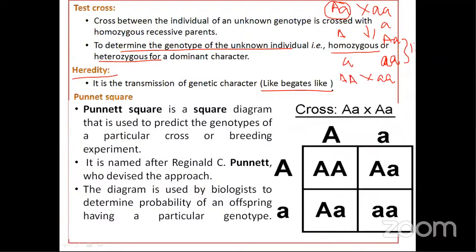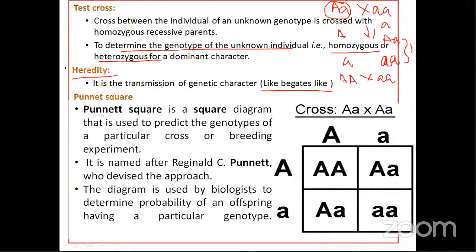Every time a human, plant or animal reproduces, the progeny will be like them. There might be some morphological differences, but they will have two legs, two eyes, two hands, one nose, one mouth. The basic structures will be similar.